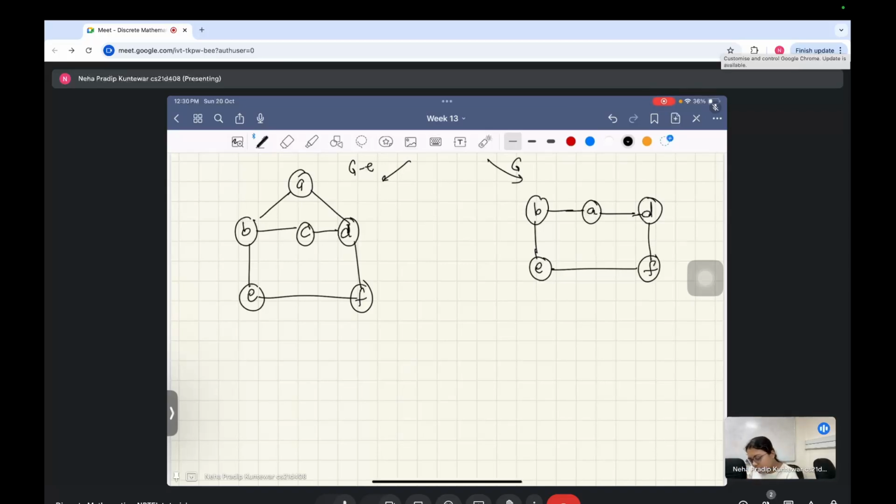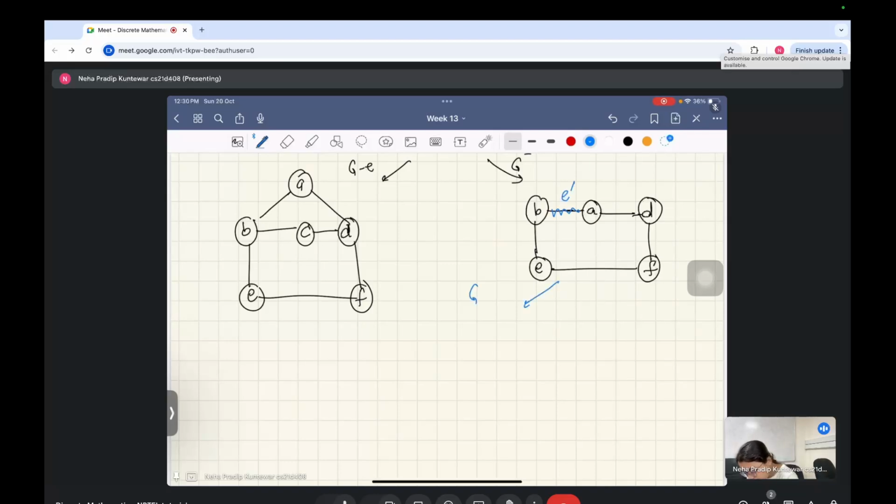Let's say I want to solve for this one now. So what I'll do is again choose an edge and contract and delete. Let's say I choose this edge now.